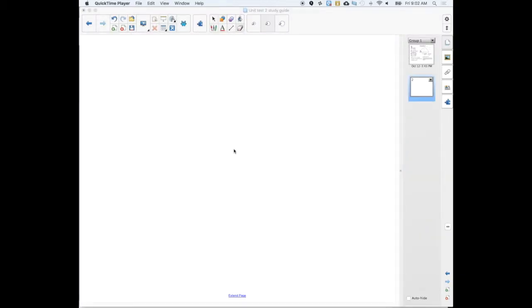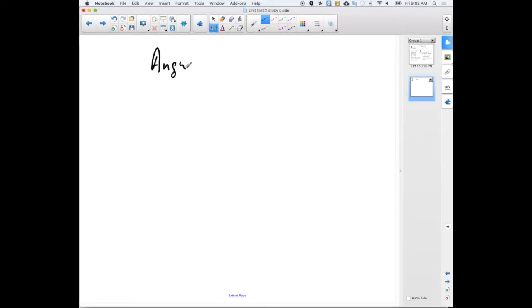Okay. On the table is angular velocity and acceleration. We're going to come back to this in a couple of chapters, but since we mentioned it once, we're just going to deal with it.